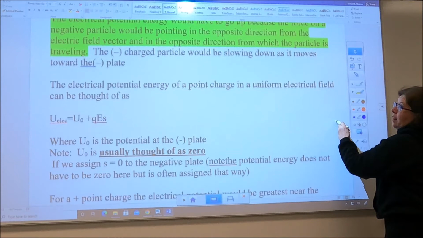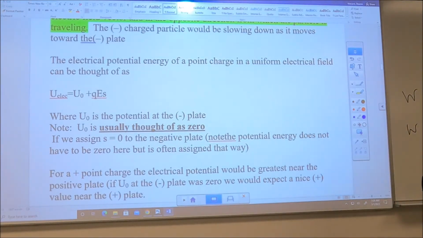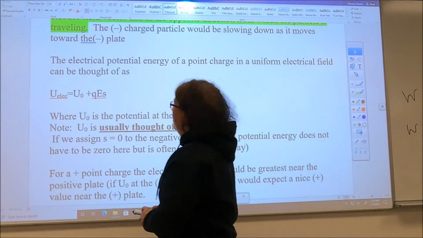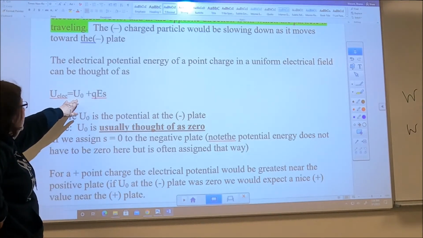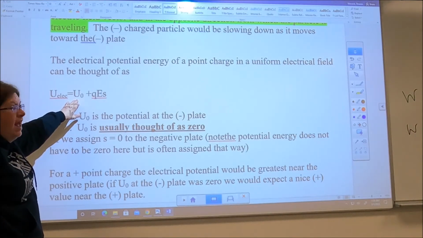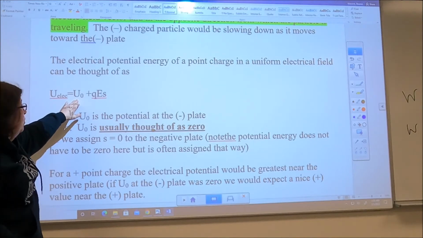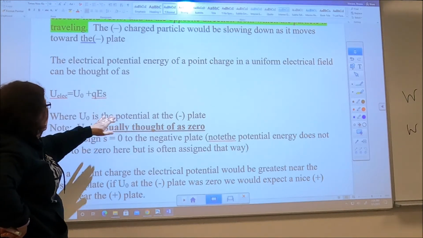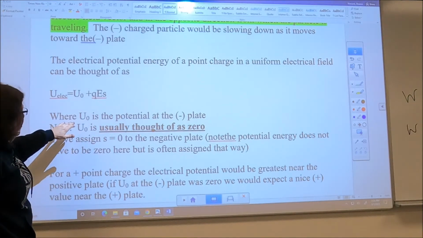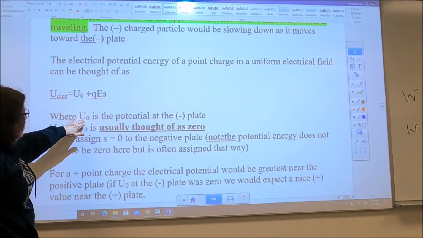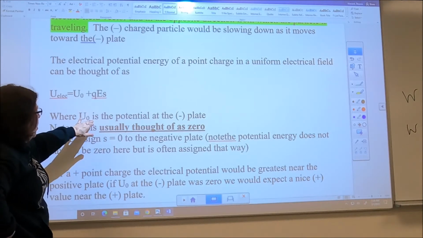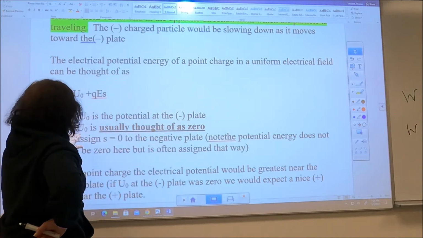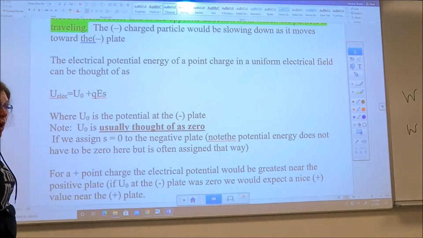Okay? The electrical potential energy of a point charge in a uniform electric field is thought of as the following. Electrical potential energy is equal to the electrical potential energy at point 0, S equals 0, plus QE times S. Now, by convention, we usually make the electrical potential at point 0 to be the potential at the negative plate, and we usually think of this point as being 0.